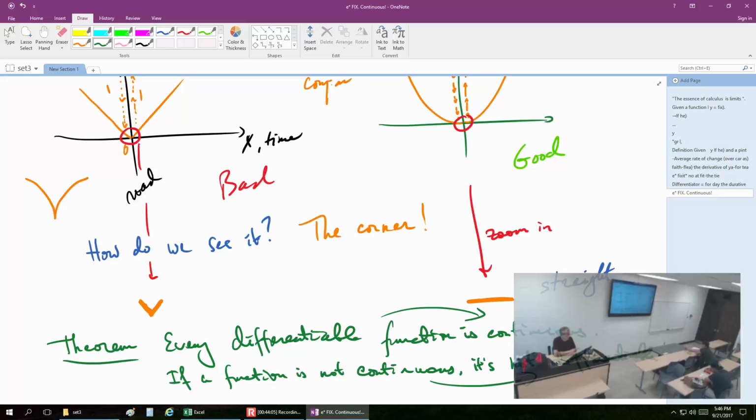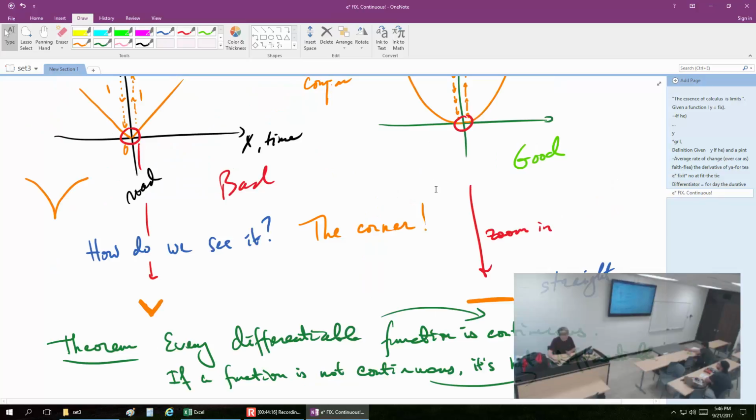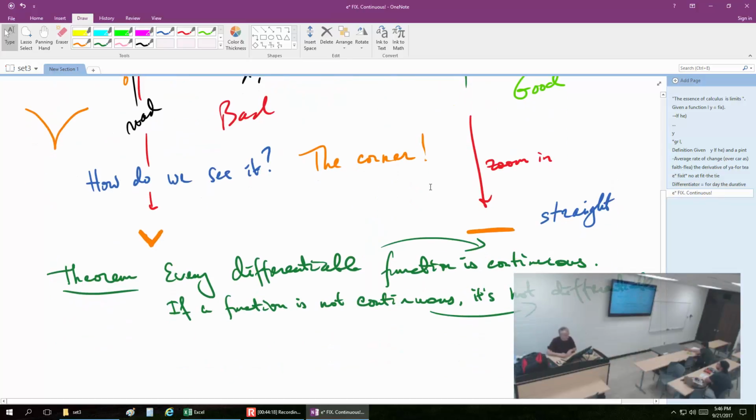So this example shows a differentiable function, and then we showed that it's also not differentiable. But one example doesn't prove the theorem, so you have to actually demonstrate it.